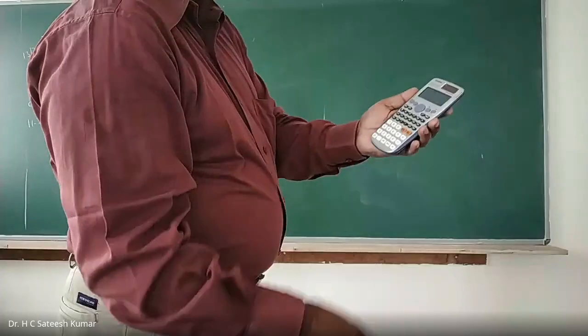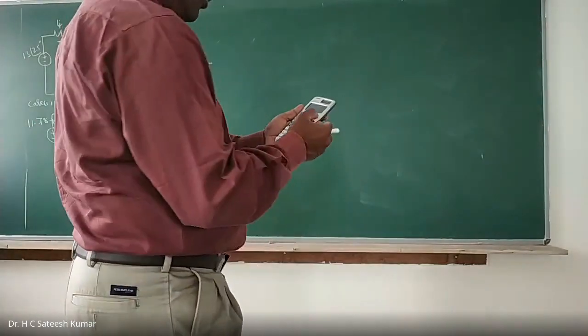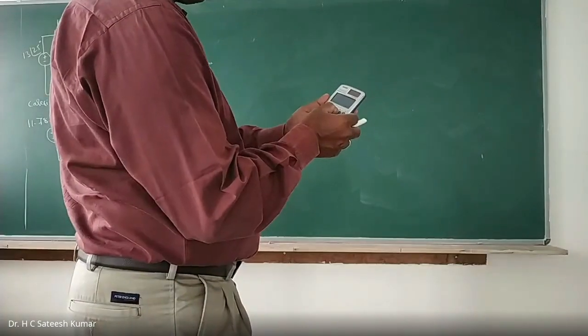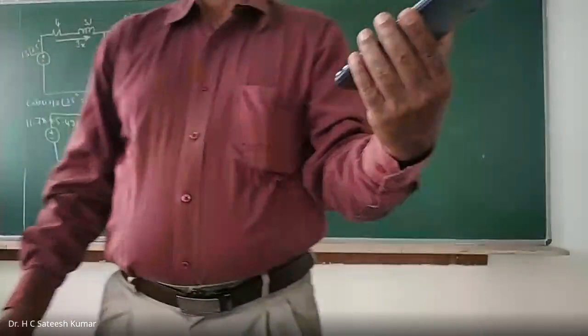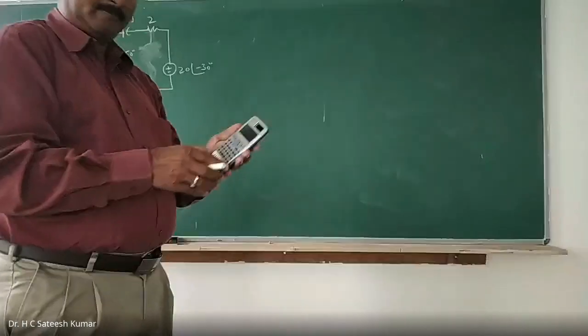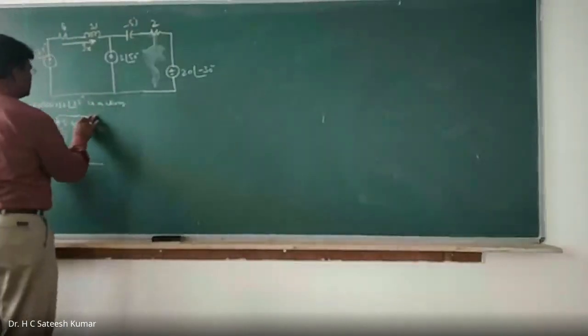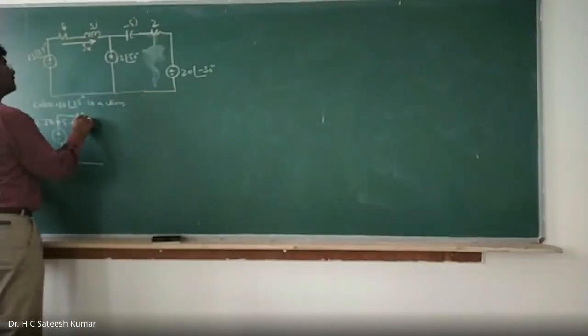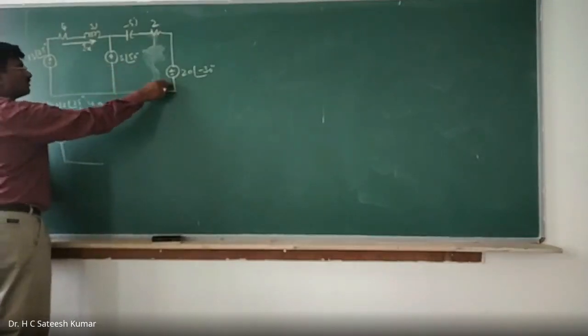Okay. 11.782 plus 5.494j. So you will get it like this, right? So directly you will get the value here. Now, write the resistor 4 ohms, 3j, and this will be open circuited, this will be short circuited.